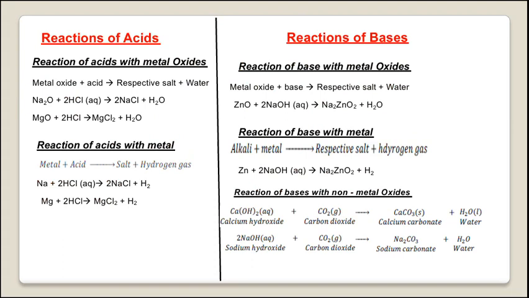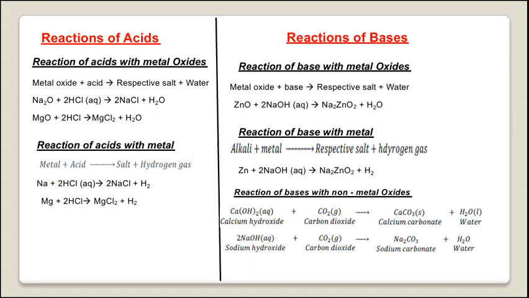Bases generally do not react with metals or metal oxides, but a few, like zinc oxide, lead oxide, aluminum oxide, react with metal oxides or metals to produce salt and hydrogen or water respectively. Bases can also react with non-metal oxides. This is an extra feature for bases, whereas acids never react with non-metal oxides.